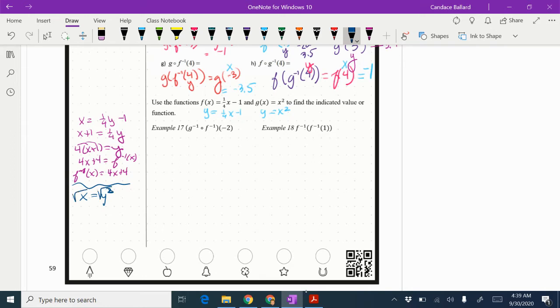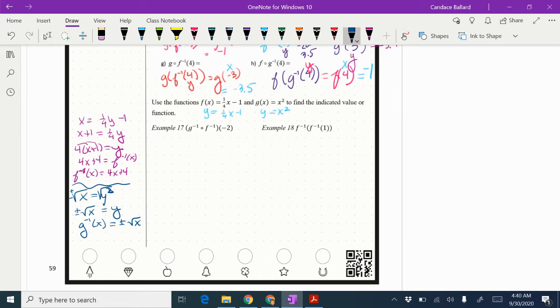Remember, when we take a square root, technically we have to write plus or minus out front. I know it's probably been a while since you've seen that. So we end up with plus or minus square root of x equals y. When we start in function notation, we end in function notation. So g inverse of x equals plus or minus square root of x.